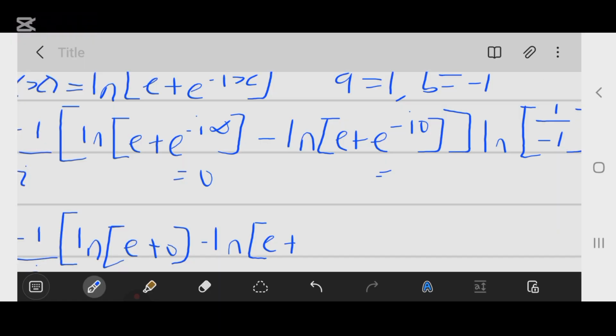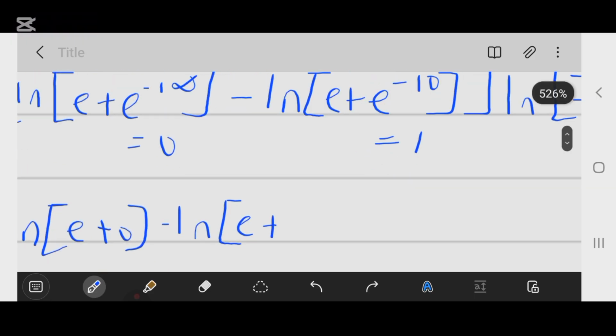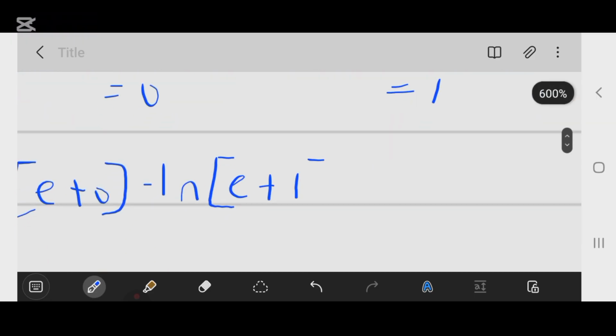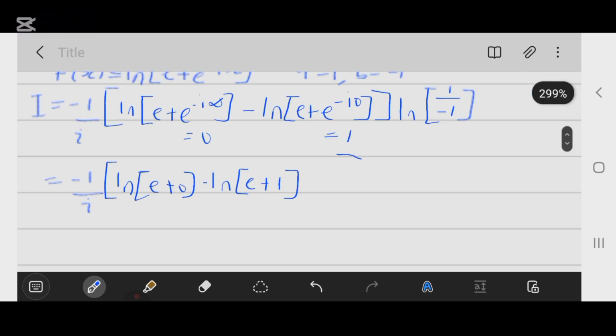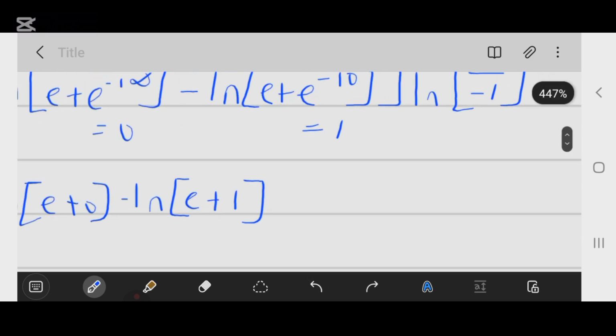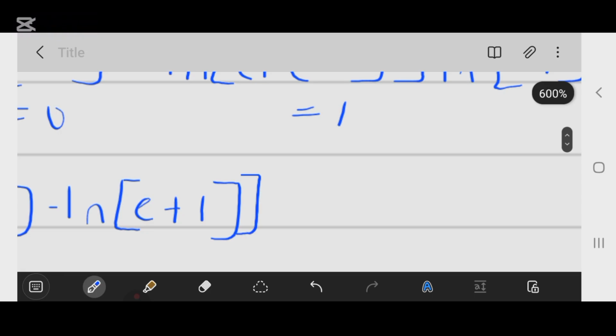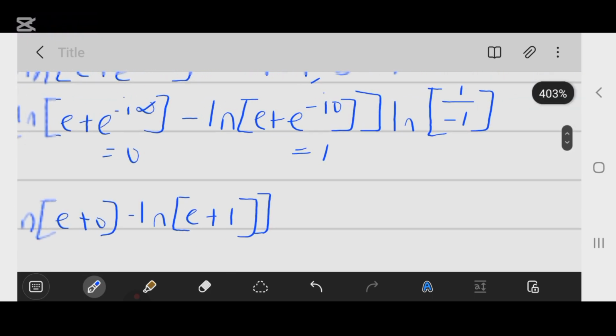And remember, anything raised to the power of 0 is 1. So what's next? This. Remember, 1 over minus 1 is the same as minus 1.